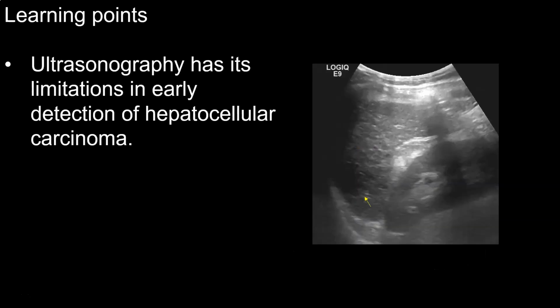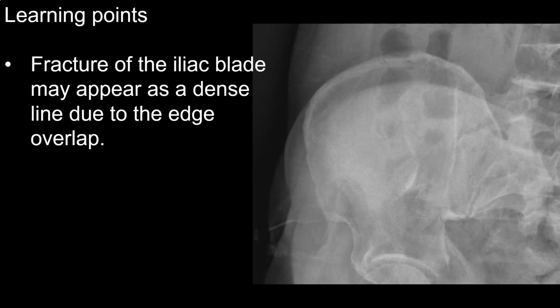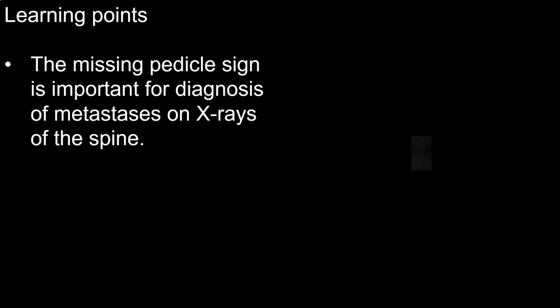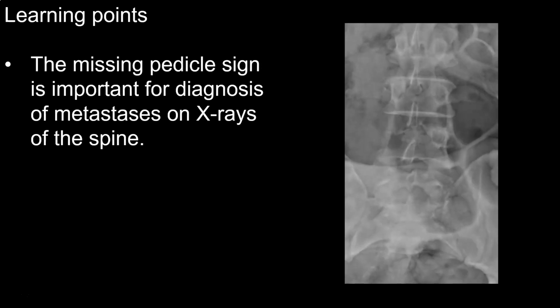Ultrasonography has its limitations in early detection of hepatocellular carcinoma. Fractures of the iliac blade may appear as a dense line due to the edge overlap, and the missing pedicle sign is important for diagnosis of metastasis on X-rays of the spine.